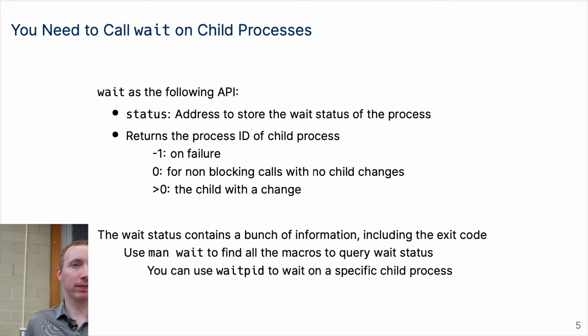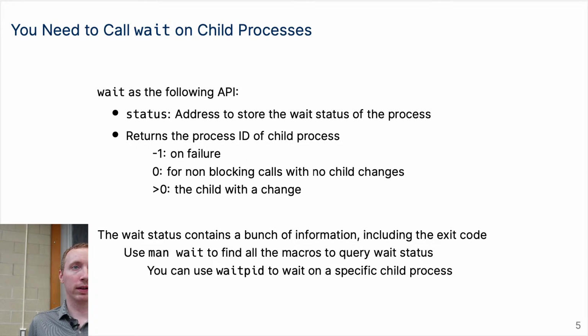Is this wait actually waiting, or is it just returning the child process ID? It will wait until a process has exited. Wait is a function, right? Yes, wait's a system call. And if your parent uses the system call wait, it will just wait.